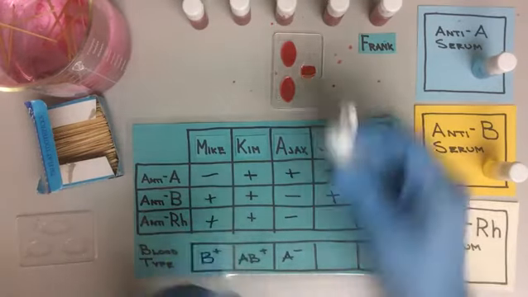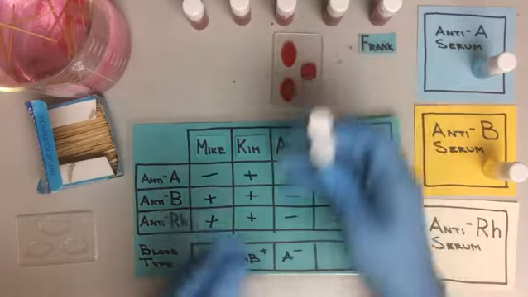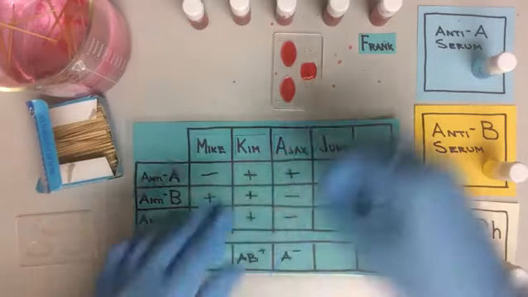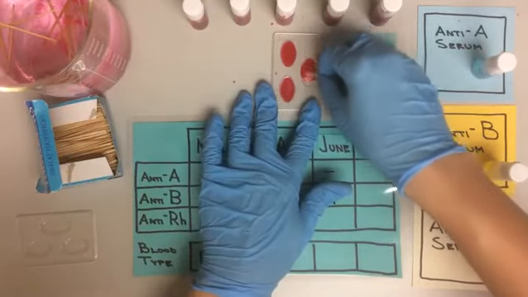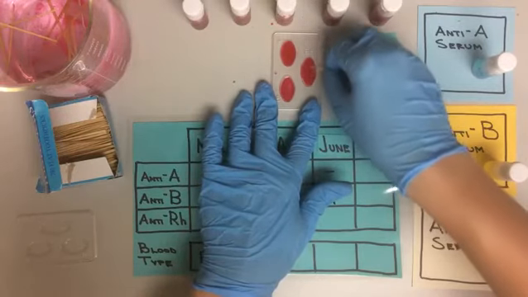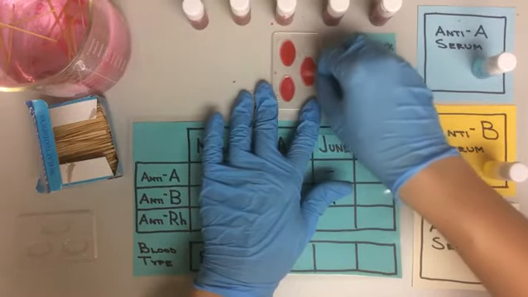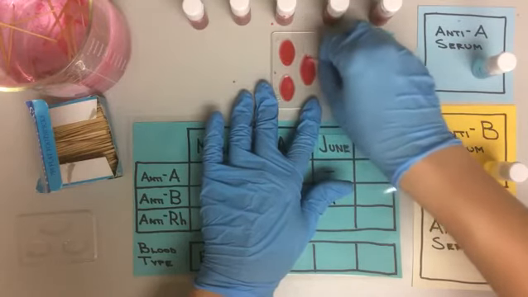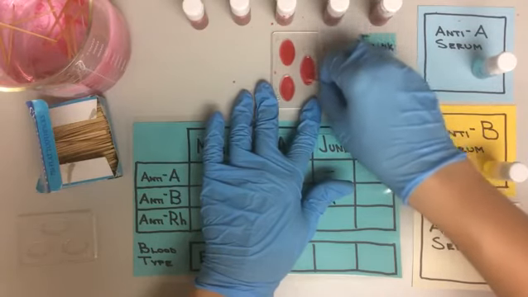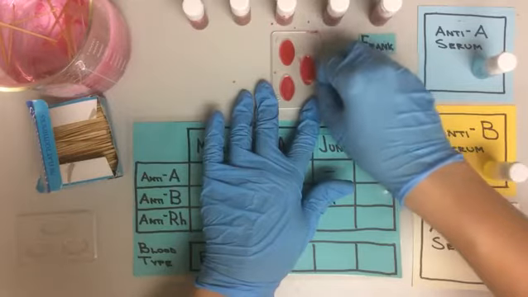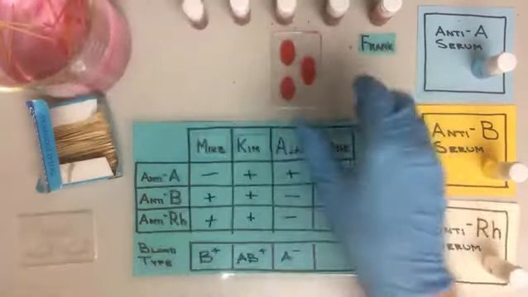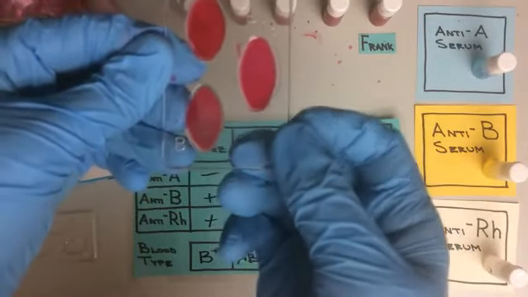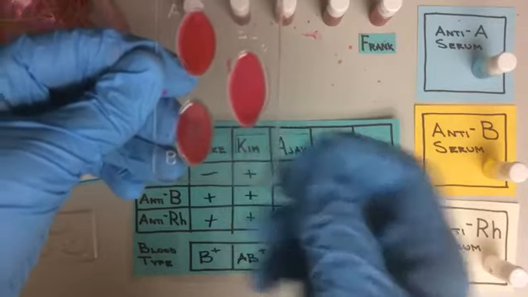And for Rh, again, if we look closely, we can see some clumps there.